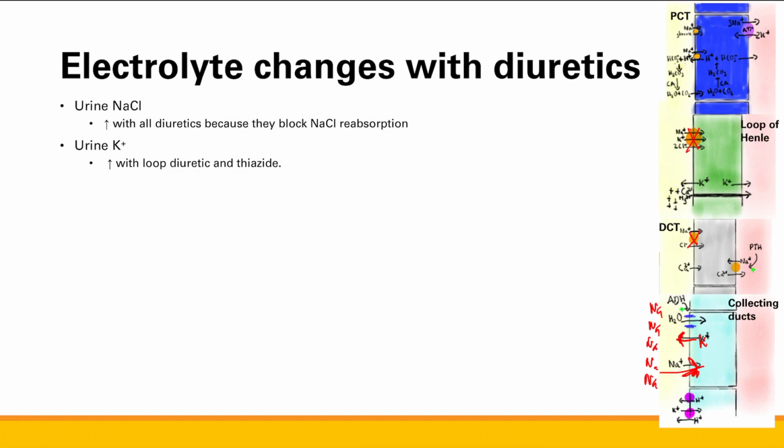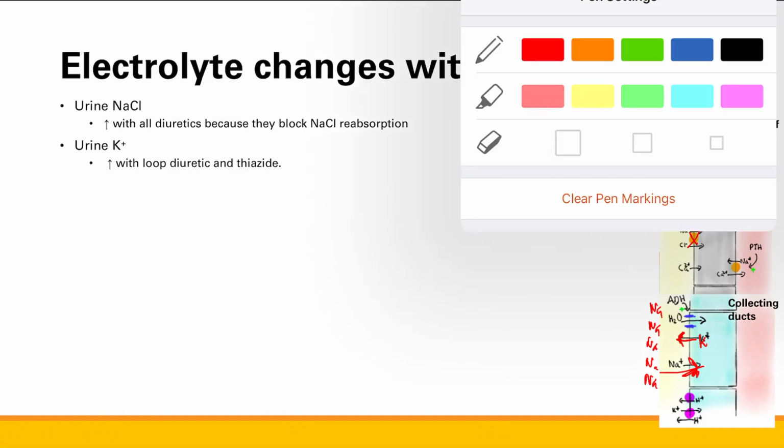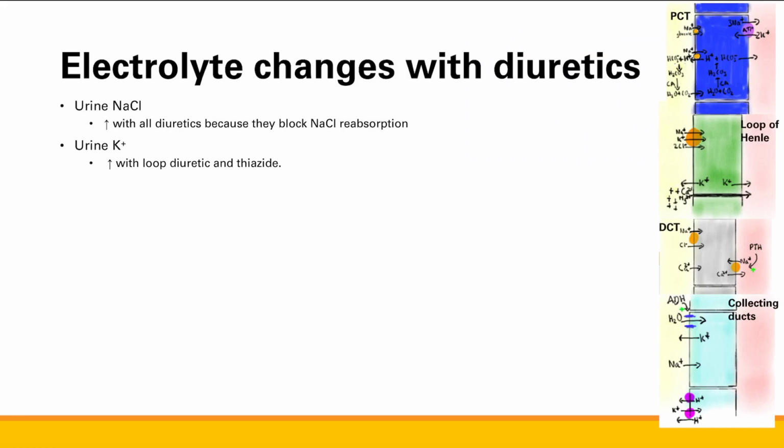Now, the one that has decreased urine potassium is the potassium sparing diuretics. And how does that work? Where do potassium sparing diuretics work? They can work either directly on this sodium channel, or they can work on the aldosterone that's activating this sodium channel. So they block this from happening. If you block this from happening, again, what happens?